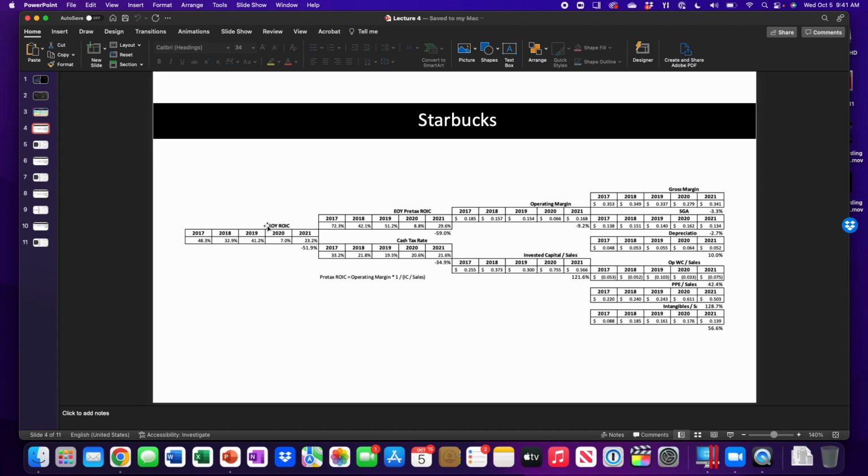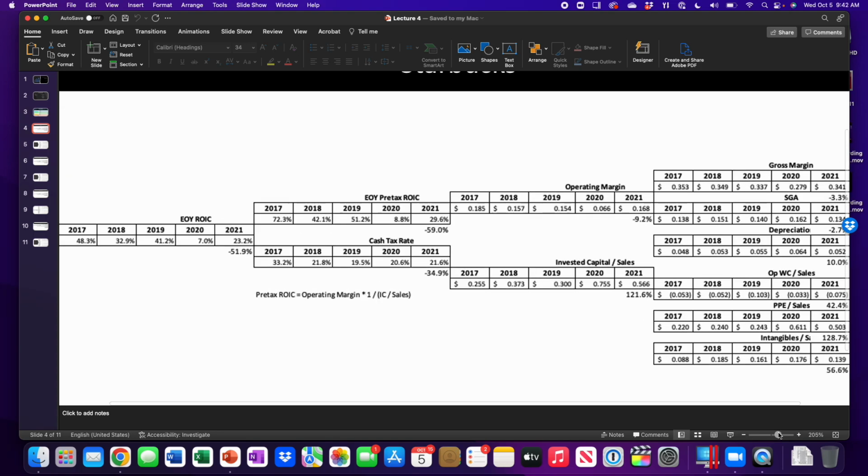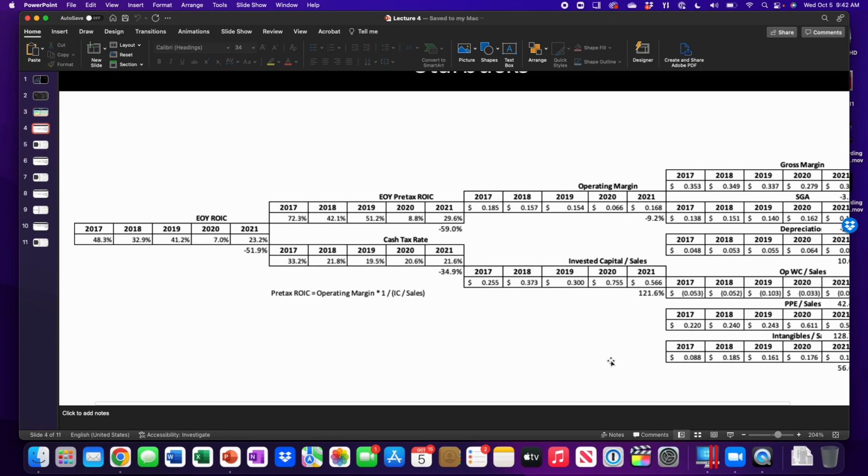Now, the way to read this tree, and again, we're going to do the first level analysis first, where there are 3 drivers that explain ROIC, is we're going to start by explaining the 5-year change. So making this a little bit bigger, it's easier to see.